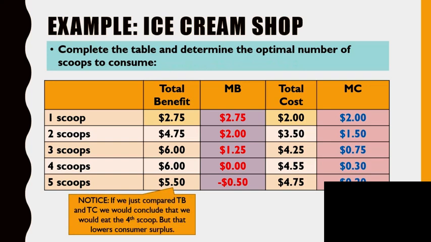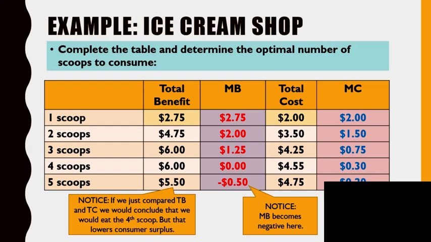So understand, if we get confused and we simply compare total benefit and total cost, does everyone agree that we would eat the 4th scoop and the 5th scoop? But that makes no sense, right? In this case, marginal benefit's becoming negative and it's 0 for 4 scoops.